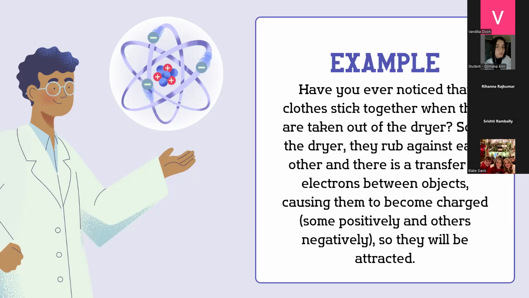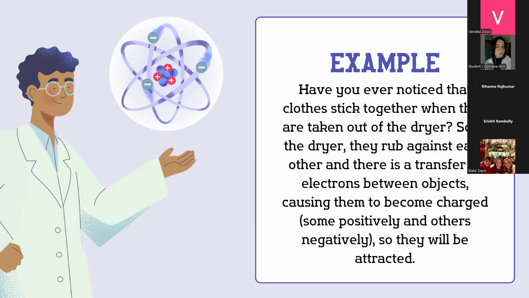Now we have another example. I'm not a huge fan of doing laundry, but I have encountered this scenario before. So sometimes if you have a dryer and you put clothes in it, when you take it out and it's dry, you will notice that clothes stick together. So basically in the dryer, sometimes the clothes will rub against each other because they're spinning around so quickly, and that's bound to happen.